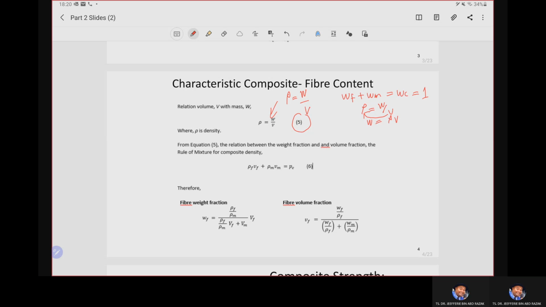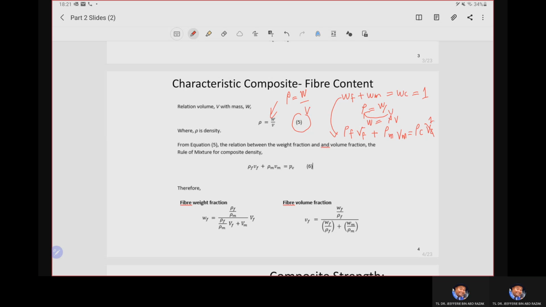So the equation becomes rho fiber times the volume fraction of fiber, plus rho matrix times the volume fraction of matrix, equals the density rho C of the composite system times the composite volume, which is 1 after we divide it by its own VC.